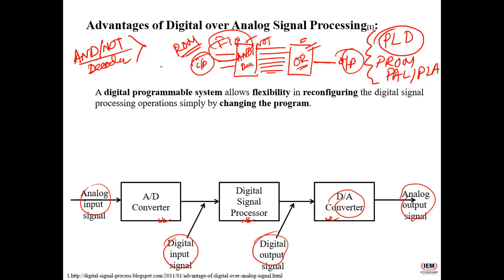Now the difference between ROM and PROM: P means programmable. The OR part is programmable, meaning we can reprogram this OR part, not the AND part.